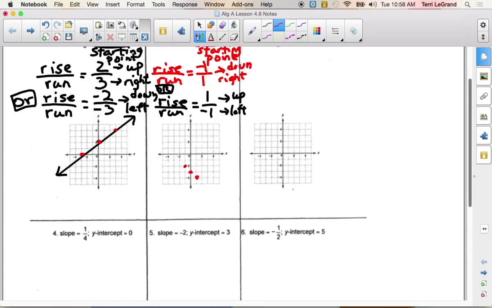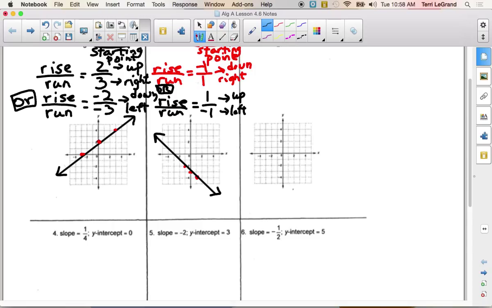You can draw your line. We're going to use each of our rises and runs, they each get their turn. We extend it all the way through the graph, arrows at both ends.